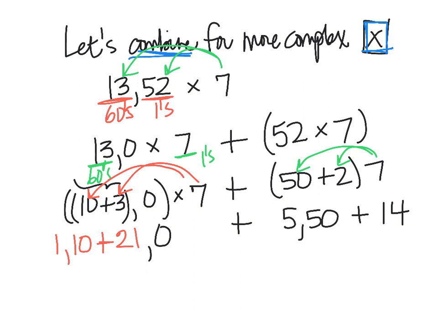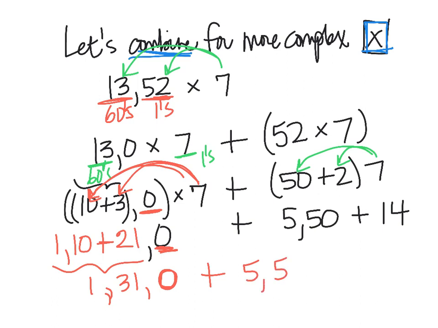So those are what I get from the 7 times 10 plus 3, but I'm remembering that it's one place over from what I was originally thinking with my 52. So if I think about this, I can combine these and it becomes 1, 31, but then there's another place there, that being ones times 60s, I know this has to come over into the 60s place. Then I'm going to add to that my 5, 50 and my 14. So let's copy that over into the next page in a vertical form, and we'll take a look at how we put all of that together.